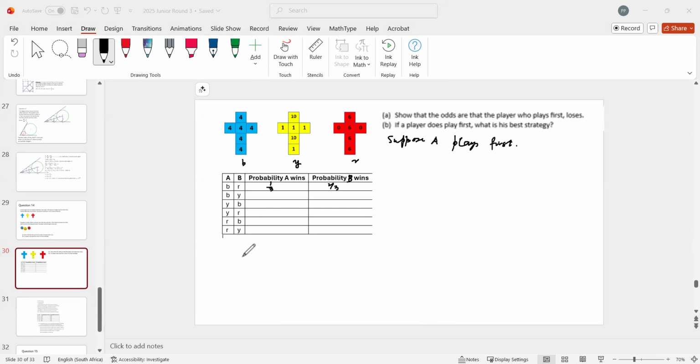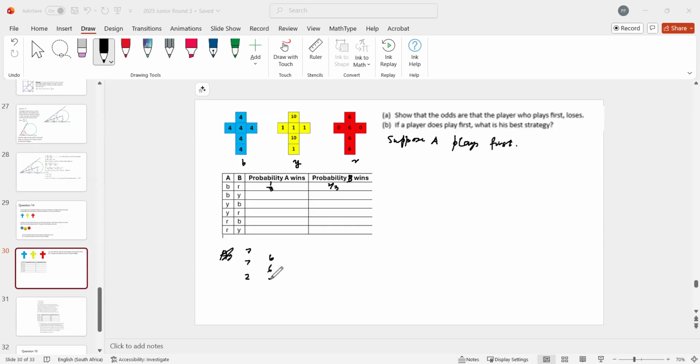But suppose, let's just take a simple case. I say A has got, say, suppose you got a dice which has got, say, 7 7 2 and 6 6 3.